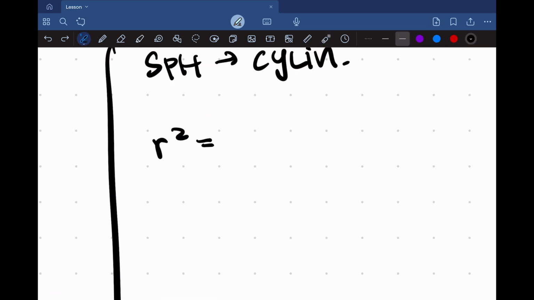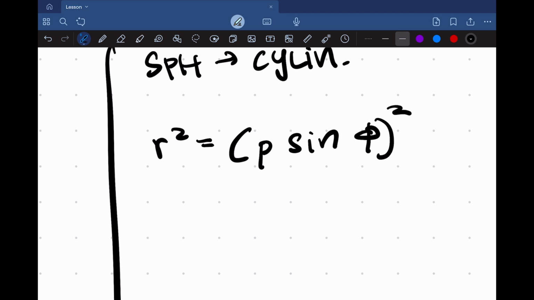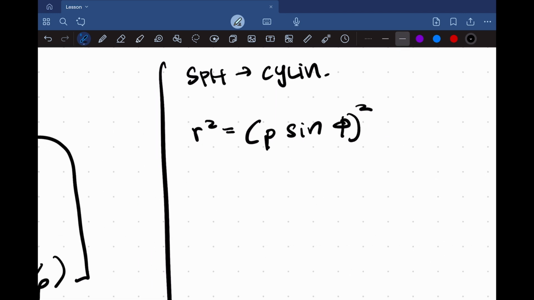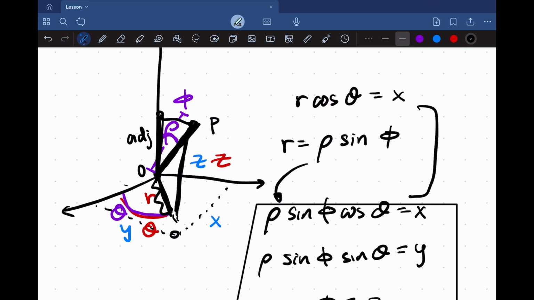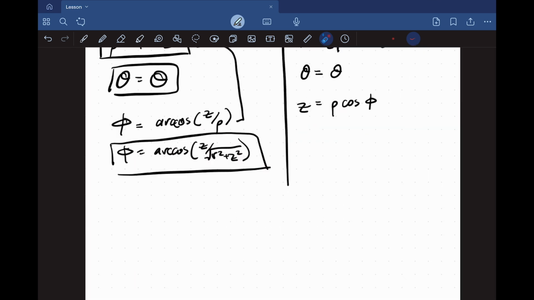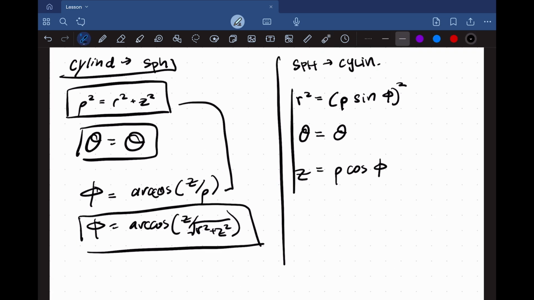And because it's r squared, we have to do rho sine phi squared. This is rho, not p. Okay, great. Theta is the same, and z is equal to rho cosine phi, as we defined on the last page as well. This is because we can use the adjacent side over here, and z is the same as this side length. This and this are the same. And just like that, we have our three equations for spherical to cylindrical.